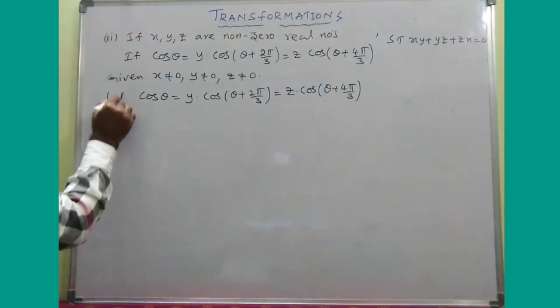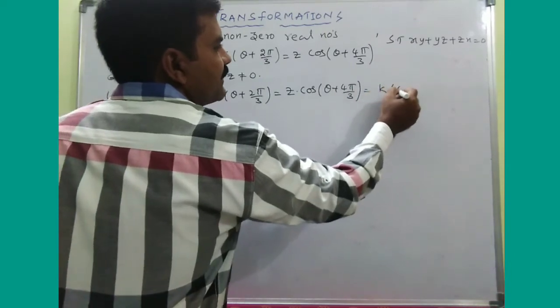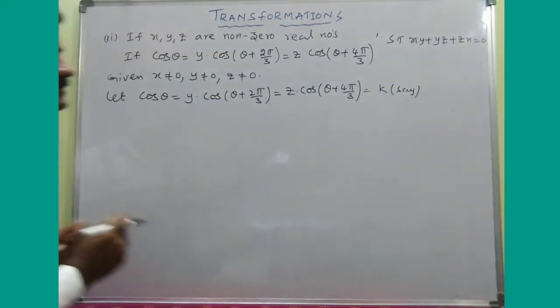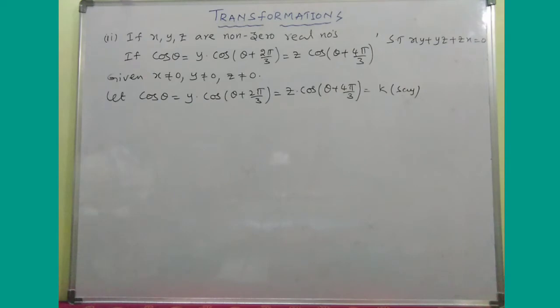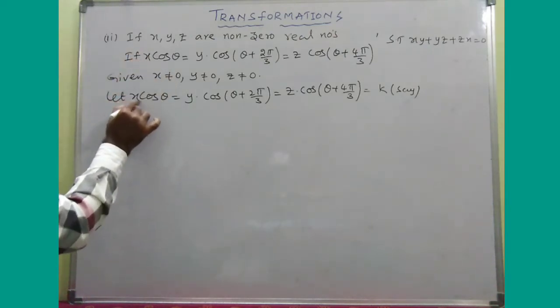So do one thing, ma. Let us equate everything to some k. Actually this is missing x into cos theta.